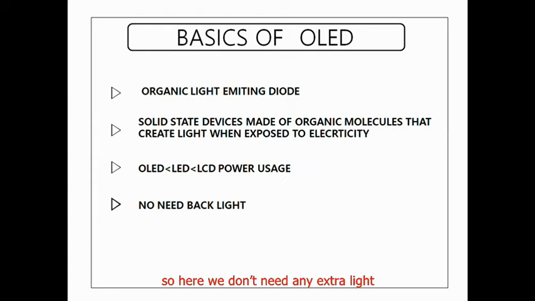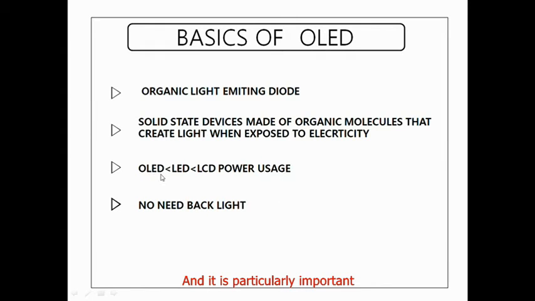It creates light based on electricity. So here we don't need any extra light for the OLED display panel. OLED itself generates light based on the electrical signal given to it. Its working principle is similar to a light emitting diode. Only a few layers are added in OLED, and those layers are made up of organic molecules.